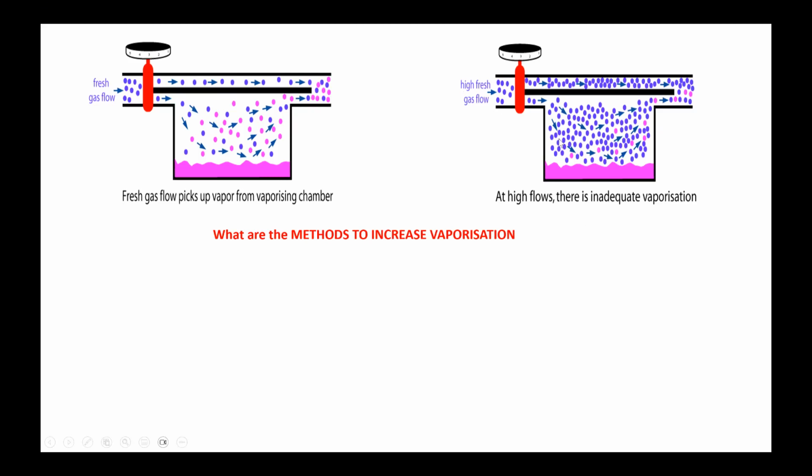But when you have a higher fresh gas flow, it has lesser time to travel. It requires some time for the gas to pick up the vapor. So if you have a higher gas flow, what will happen? It will travel faster and so it will pick up less vapor. It is only in the uncompensated or the older method where you can use a higher flow to pick up more vapor from the surface.